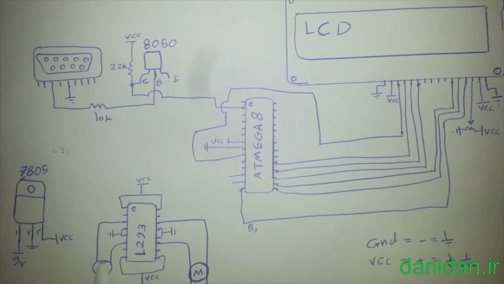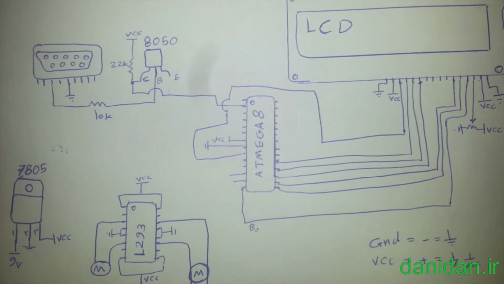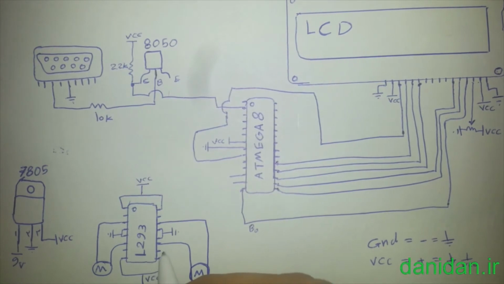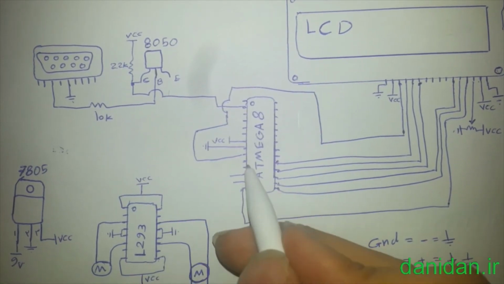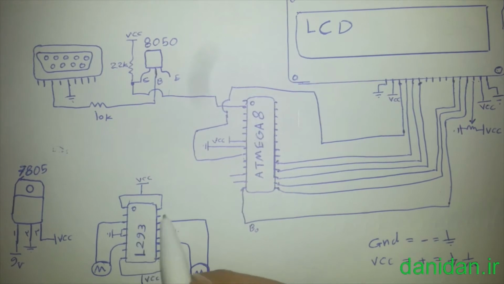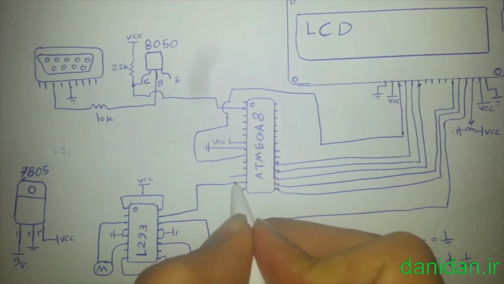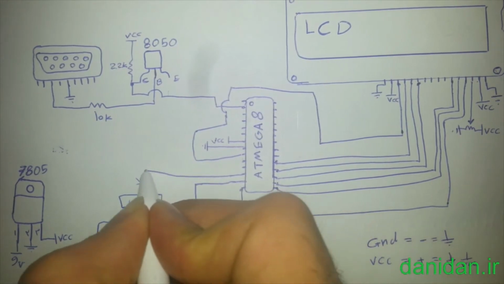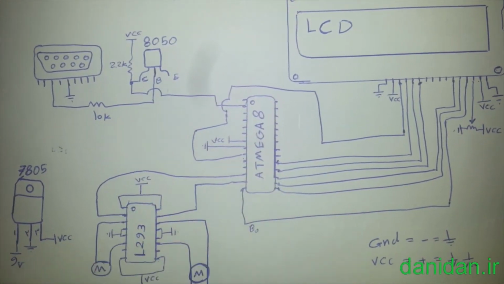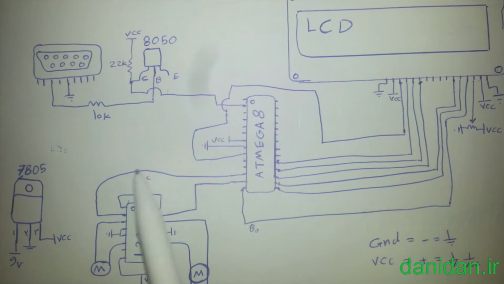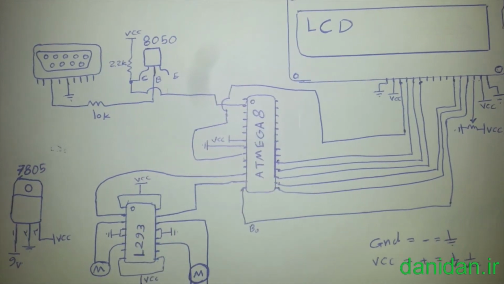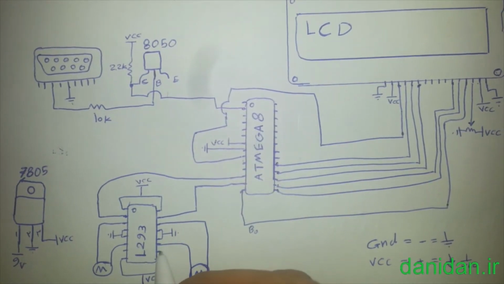So pins number 3, 6, 11 and 14 should connect to the motor. The other pins, as I said, should connect to the microcontroller, just like that.